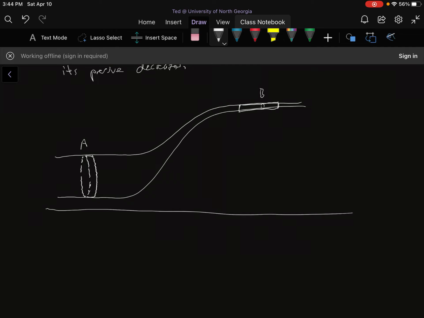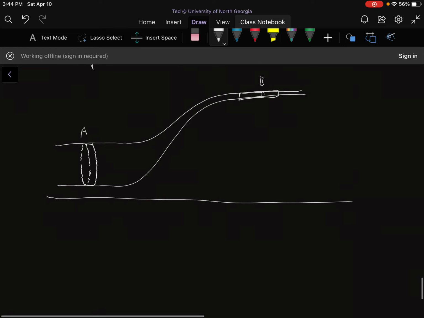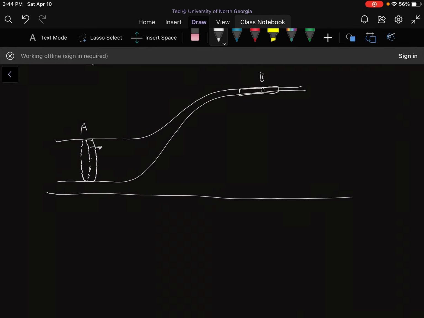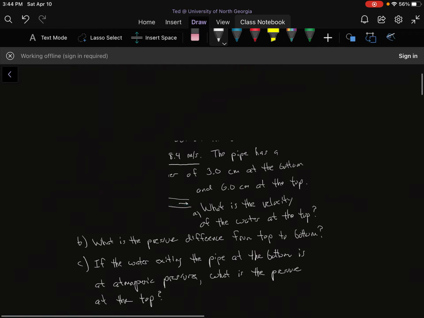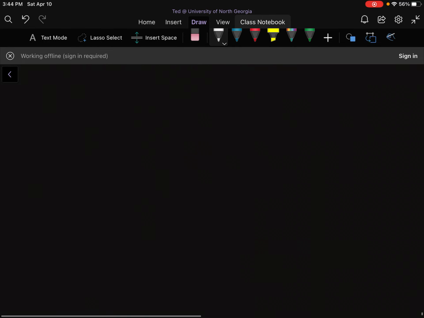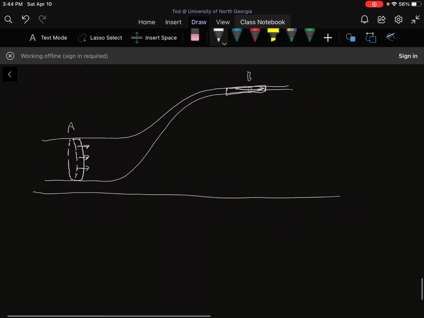Anyway, if we look at that volume of water as it travels through the pipe, and we think about the energy of that water, it's got kinetic energy, right? Because this water is moving, it's got a velocity. Down here, it's moving slow. Up here, it's moving really fast. So the energy of this water is going to have kinetic energy, 1/2 mass times velocity squared.